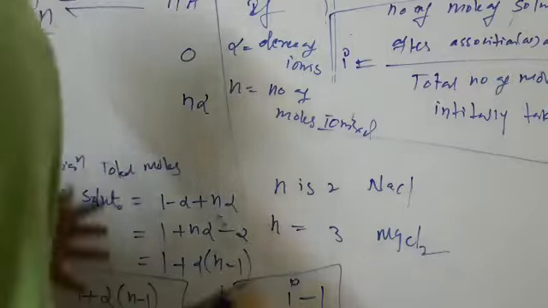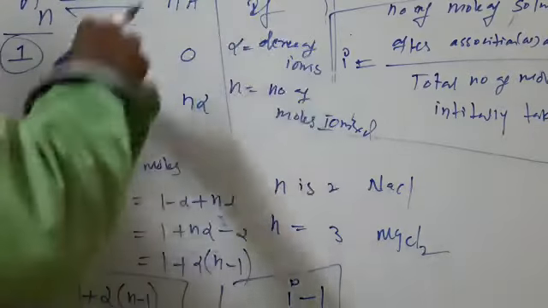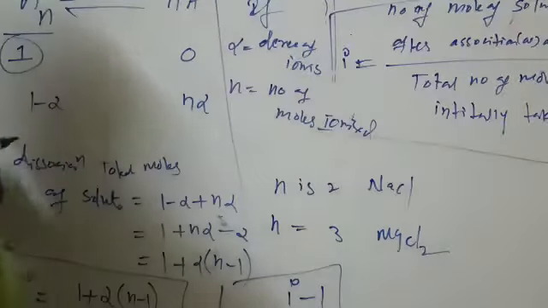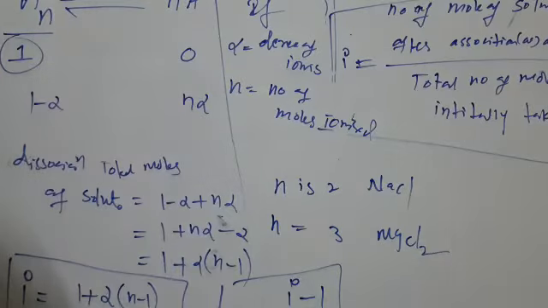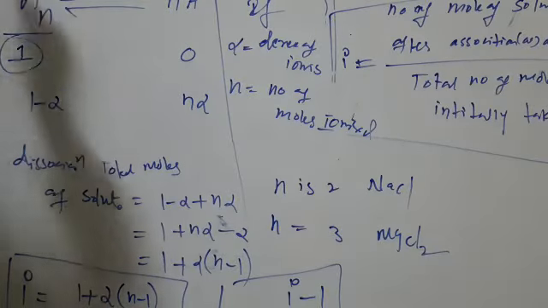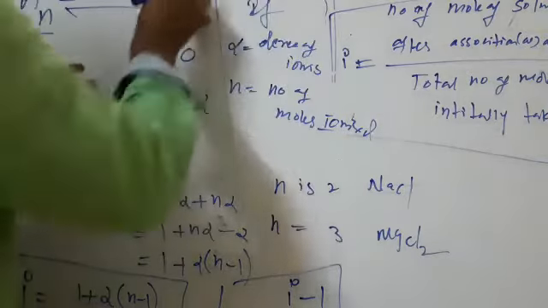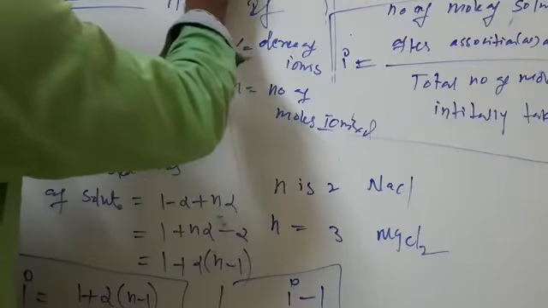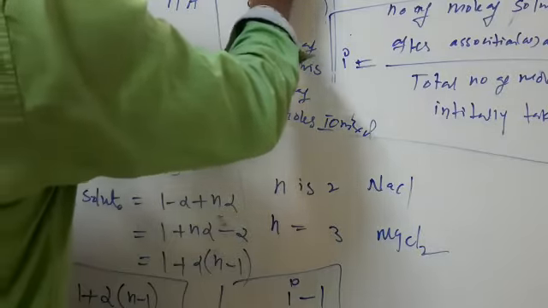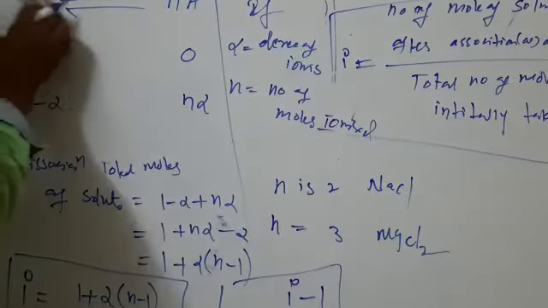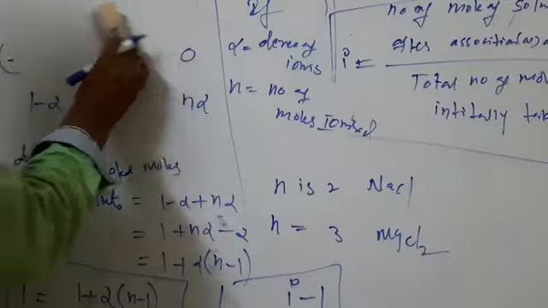Next to ionization, association takes place. Case 2 is association. If the solute is associated in the solution, it is the reverse process.